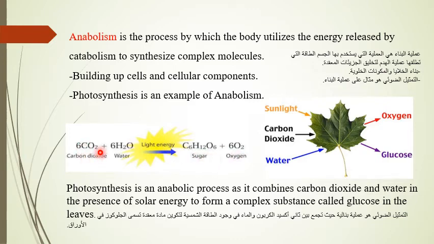So photosynthesis is an anabolic process as it combines carbon dioxide and water in the presence of solar energy to form a complex substance called glucose in the leaves.